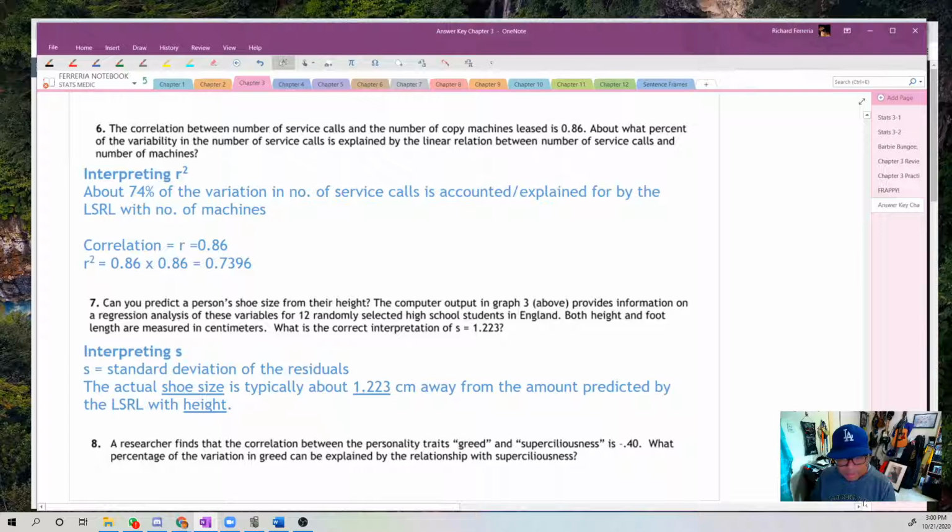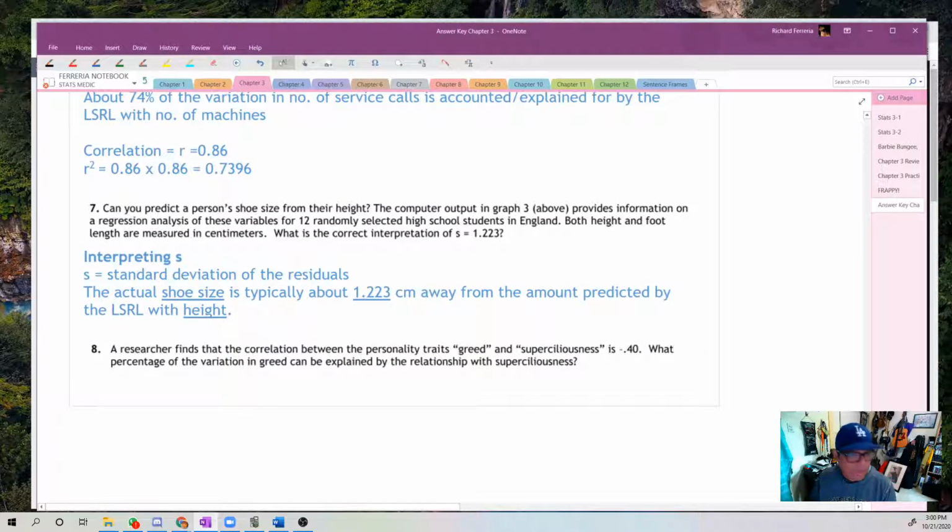And finally, number 8, well, finally for this video anyways, a researcher finds that the correlation between personality traits greed and superciliousness is negative 0.4. About what percentage of the variation in greed can be explained by a relationship with superciliousness? So, ladies and gentlemen, we have reached a trick question because linear regression only makes sense for quantitative variables.